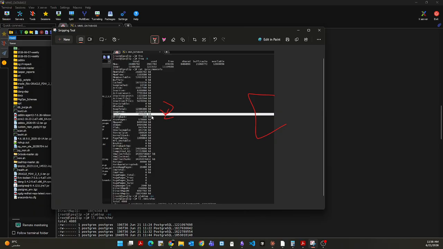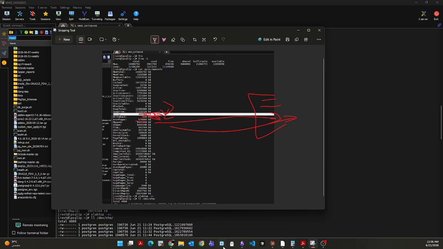Then from the dirty it is going to be written to the writeback, which means that it is writing it to the disk. Then when they are already written to the disk, this is going to be cleared from the memory. The writeback is going to be cleared from the memory.